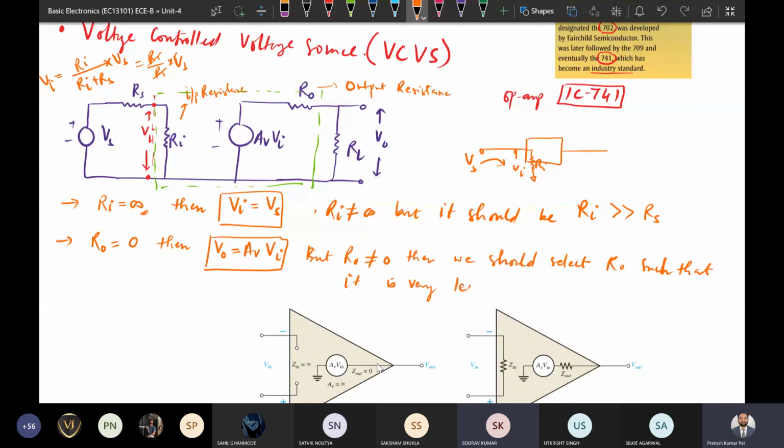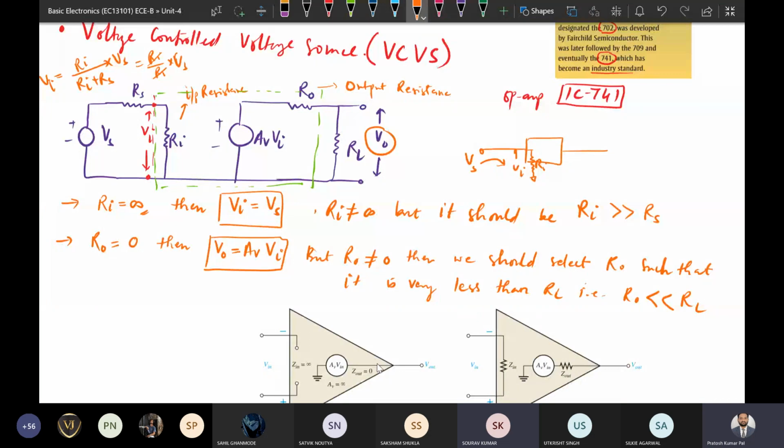We can say R output should be very much less than the load resistance. If this is the condition, then the output voltage will be equivalent to AV into Vi. That output voltage will be equal to AV into Vi only when R naught is very much less than RL.